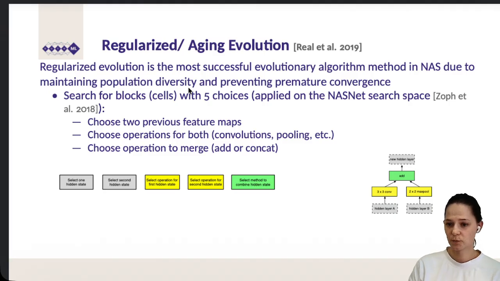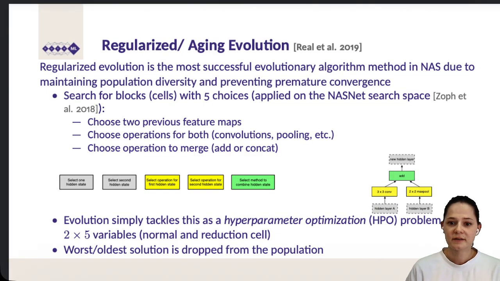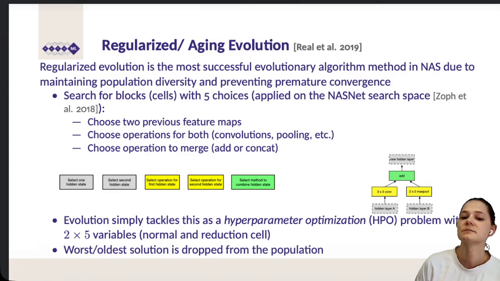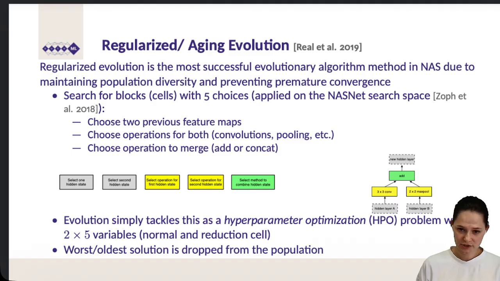So first asking which feature map comes into my operation, and how do I combine these operations with each other. Eventually, as I already mentioned, this evaluation simply tackles neural architecture search as a hyperparameter optimization for 2 times 5 variables, since we look at 2 different cells, the normal and reduction cell.